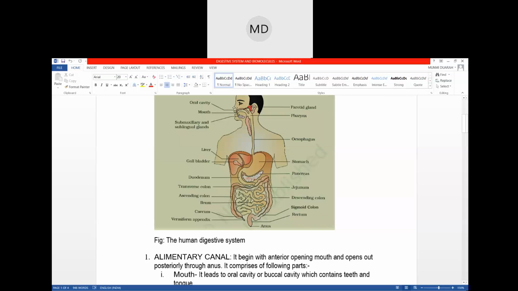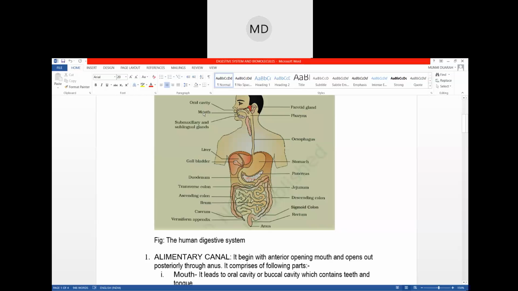So when you are asked to write about the parts of the alimentary canal, you have to mention them serially, starting with the mouth, not like esophagus, then mouth, then stomach. It should be in ascending order, starting from the mouth.